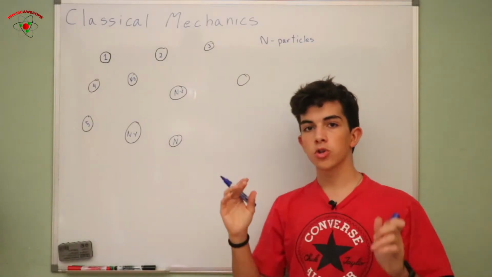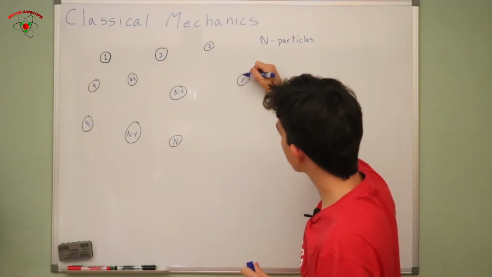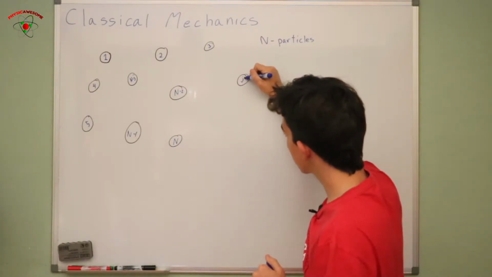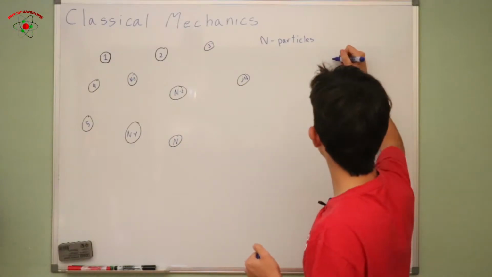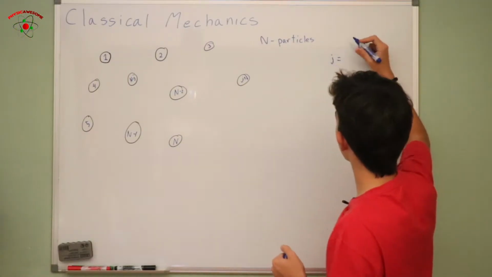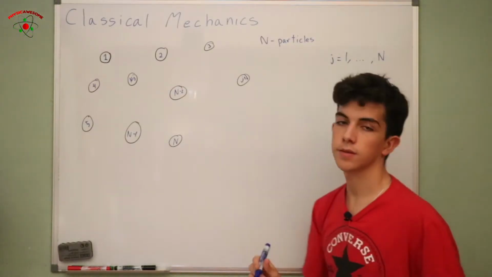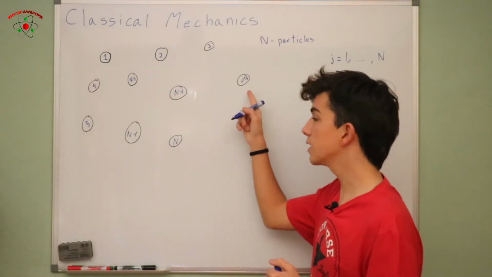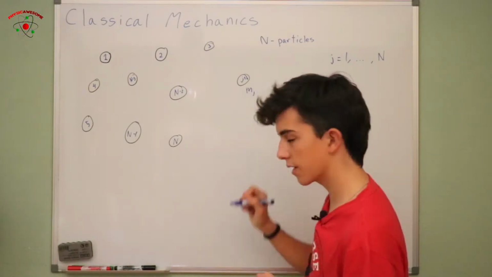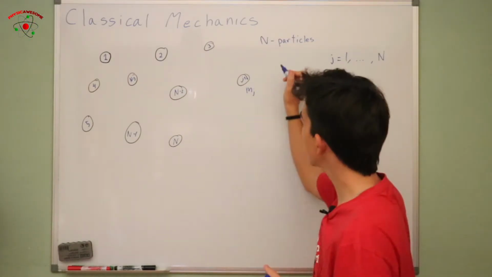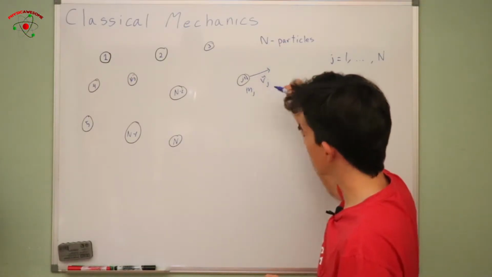And each little particle, for example, let this be the jth particle, the particle number j, with j being a number from 1 to n. Each of these particles is going to have a little mass m_j, and it's also going to have a velocity v_j.